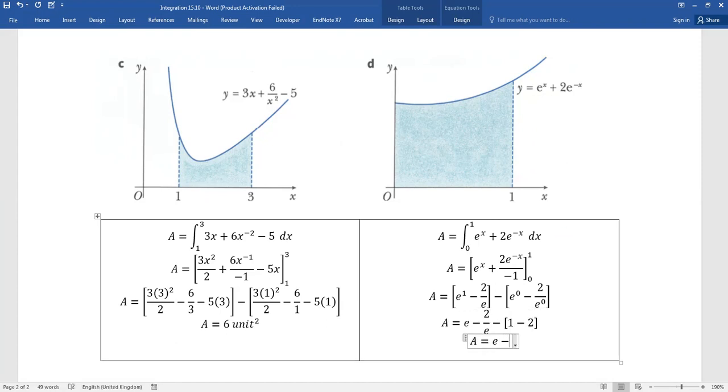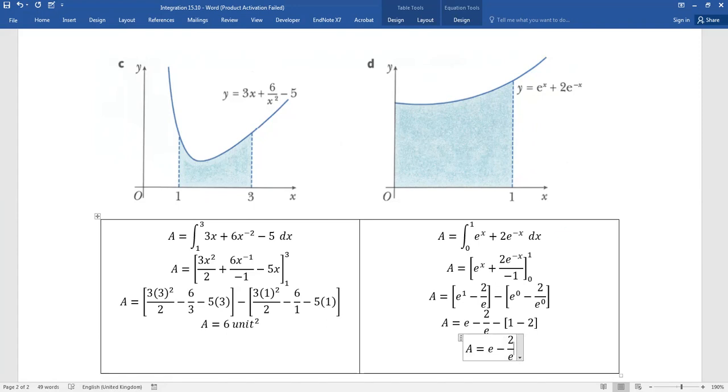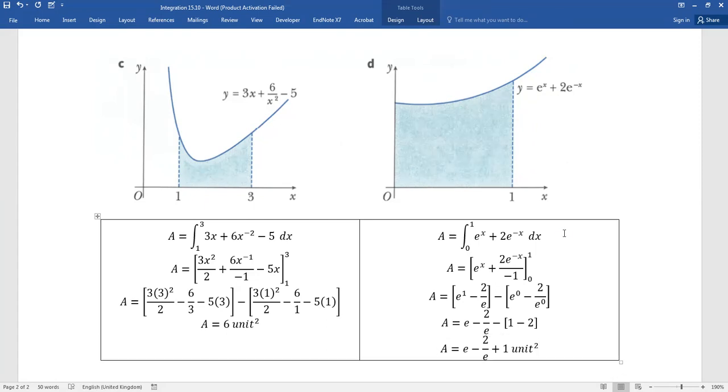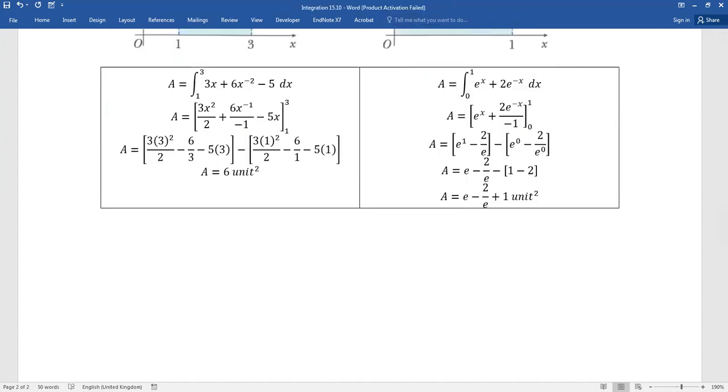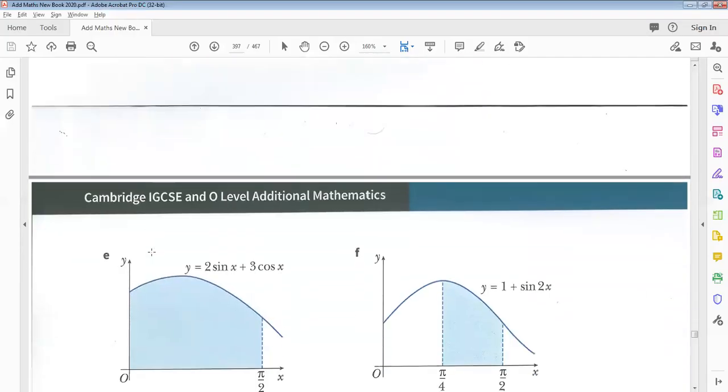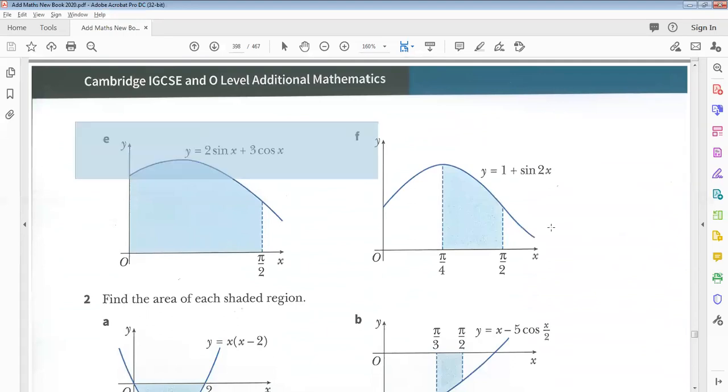So in order to keep it exact, this will be this. Is this clear? Yes, sir. Moving on to the next two parts.